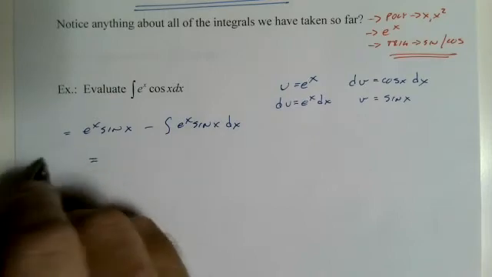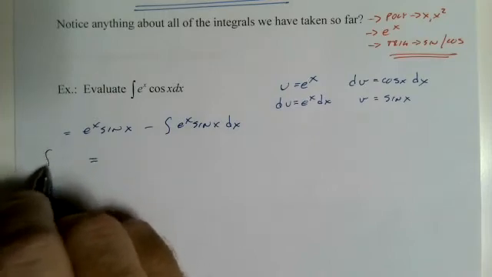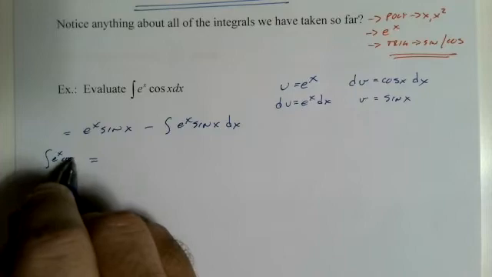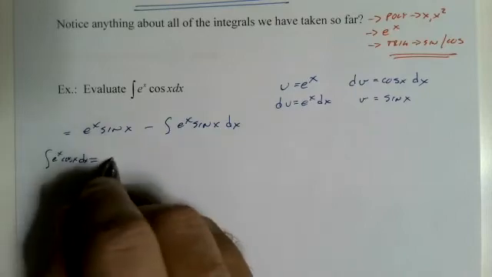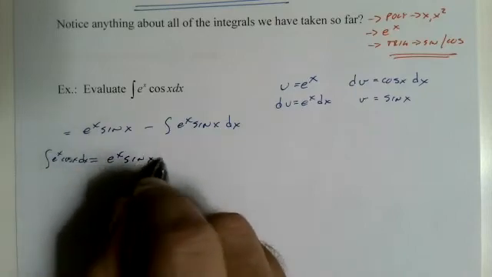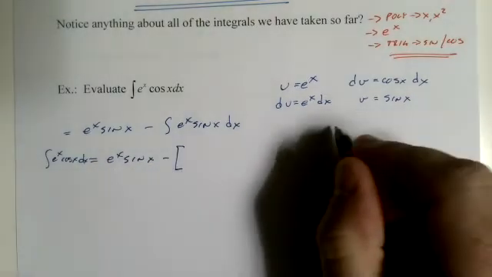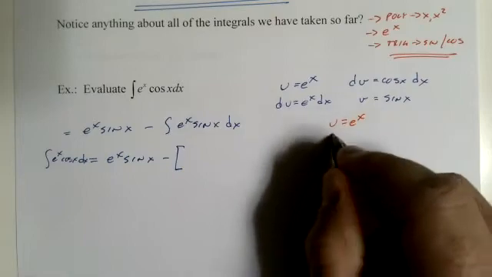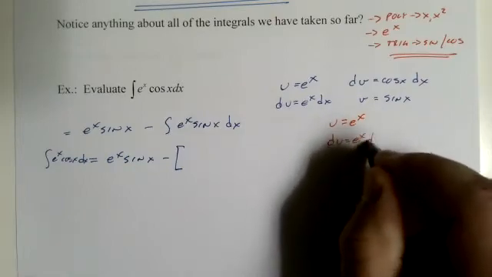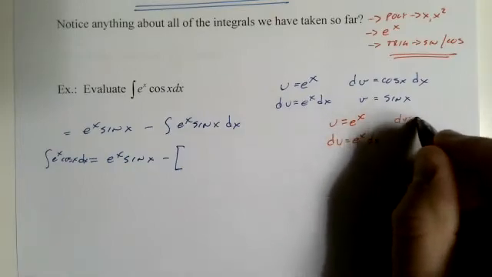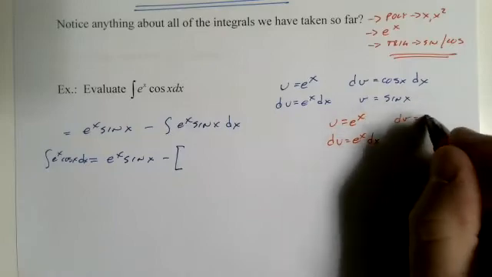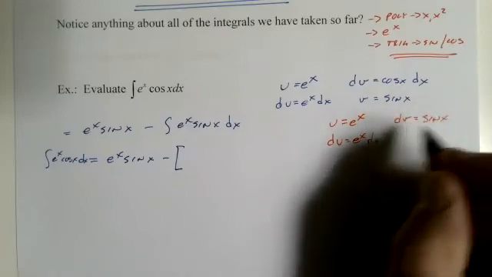Equals, I'm going to move this over because I want to keep this integral in. The integral of e to the x cosine of x dx equals e to the x sine of x minus, u equals e to the x, du equals e to the x dx, dv equals sine of x. I really should go with negative sine of x.